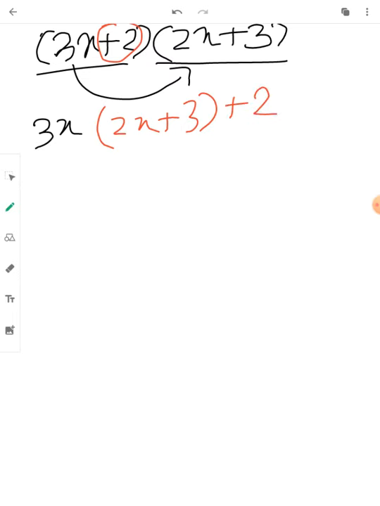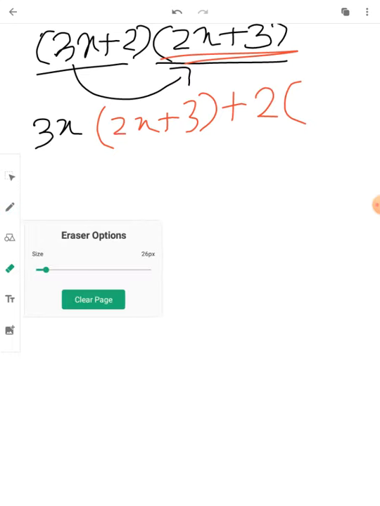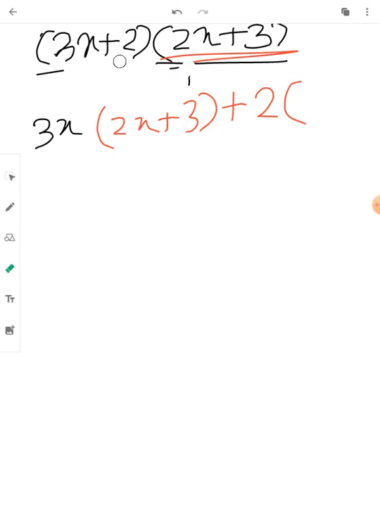You cannot write just 2, you have to write plus 2. Okay, I'll write plus 2. Now write the whole thing. So that means you are going to multiply 2x plus 3 by 2.